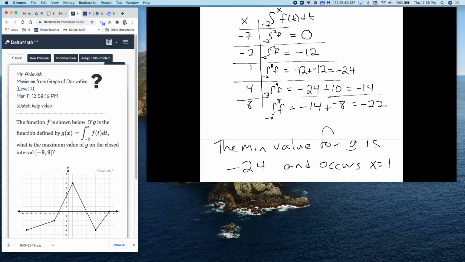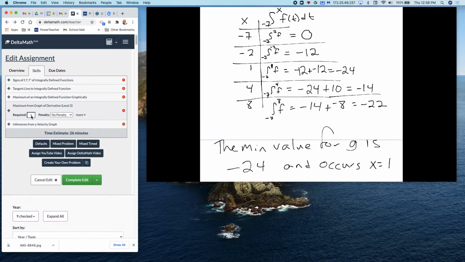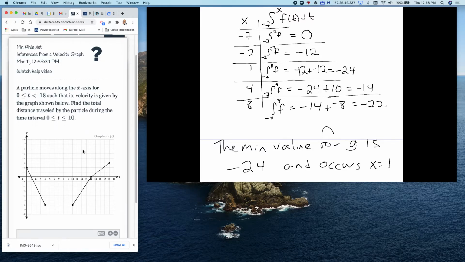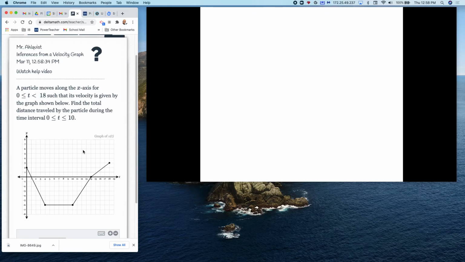Same kind of thing with this one, a maximum value. You're going to go through the same kind of thing, only now with this, we are going to calculate areas. So just know that won't be any different. And the last thing is you're going to get inferences from velocity. Remember that when we did these steps, this is the position, this is the velocity, this is the acceleration.